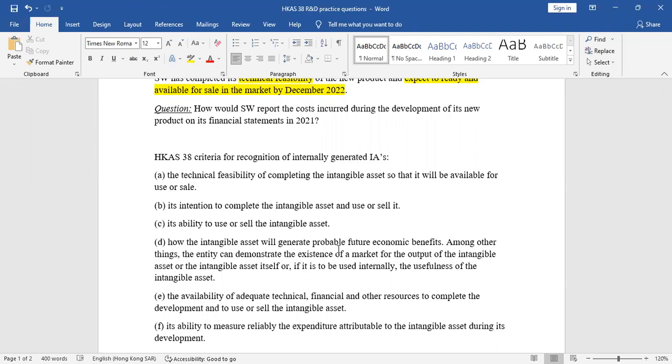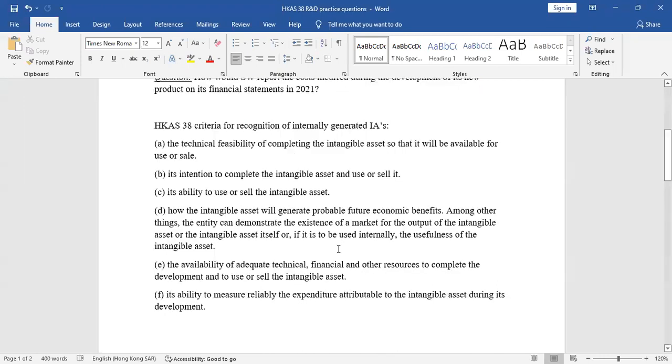If you look at the very basic definition of an asset, which comes from HKAS 16, the cost should be reliably measured and the economic benefits should flow to the entity. These are the two main important aspects for an asset to be recognized. Once they meet these criteria, then they can be recognized as an asset.